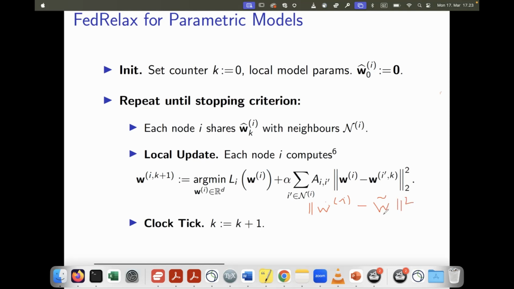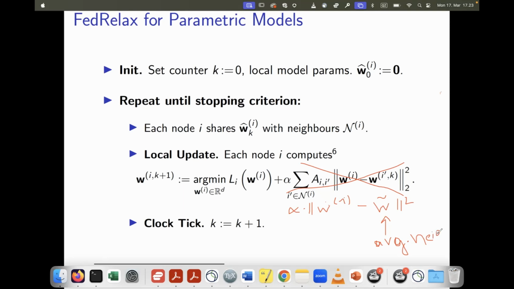And this W tilde is exactly the average of all the neighbors' model parameters. So you can replace this term here with alpha times the squared Euclidean distance of this optimization variable, which is the model parameters at node i that we want to update, minus the current average over the neighbor model parameters.